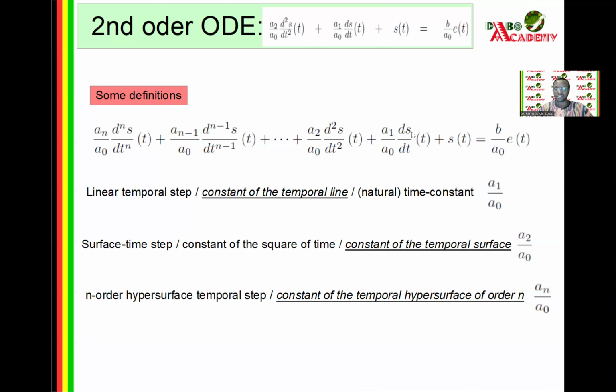Therefore, the ds here is a conservation, because it is only the difference between 2 points, 2 and 1, for example, of this output, and then according to their corresponding time, and then here the ds at the numerator will keep the same unit as this expression here. So the A1 over A0, its unit is seconds. So if you take seconds, multiply by the second here, you will have the conservation of the unit.